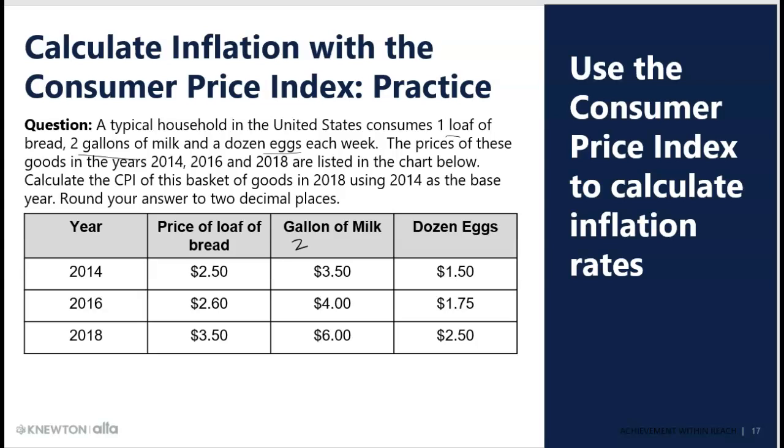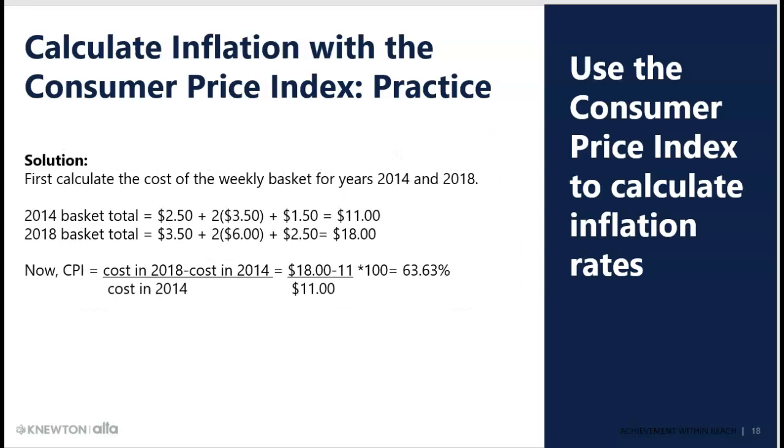So you had 2 gallons of milk, so you're going to multiply that. So the price in 2014 was $2.50 plus 2 times $3.50 plus $1.50. And we're going to calculate for 2014, there was my total cost of that food basket. For 2018, here's the total cost.